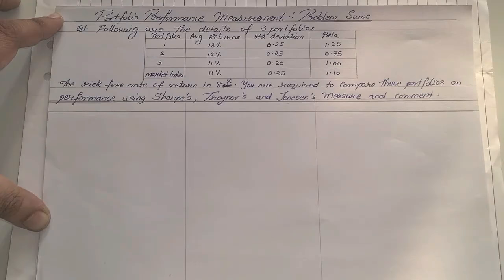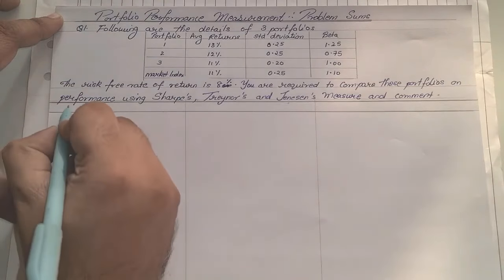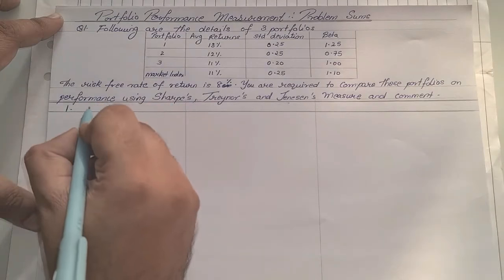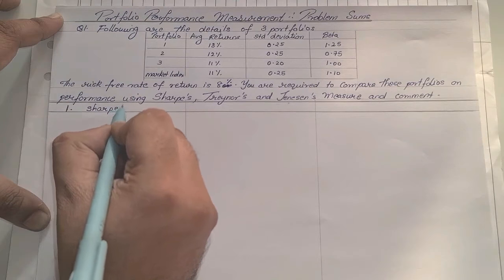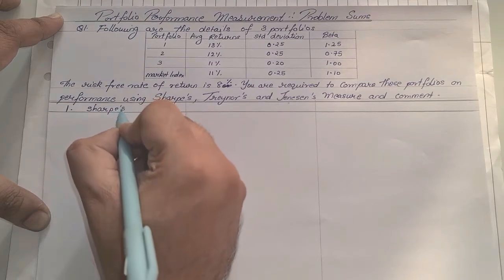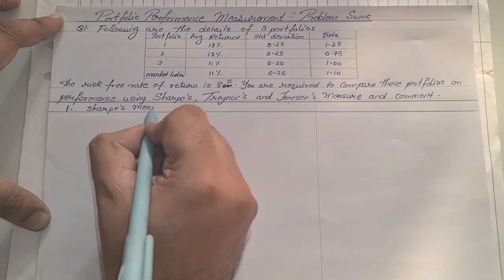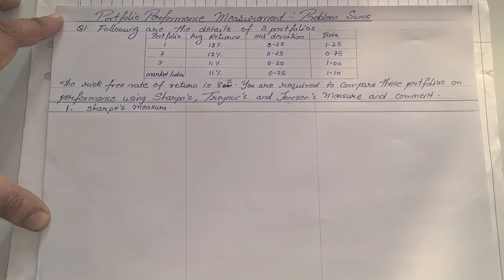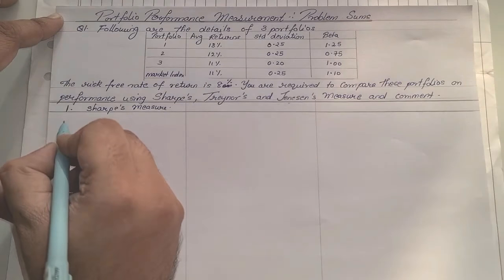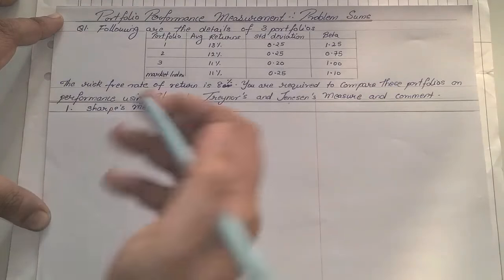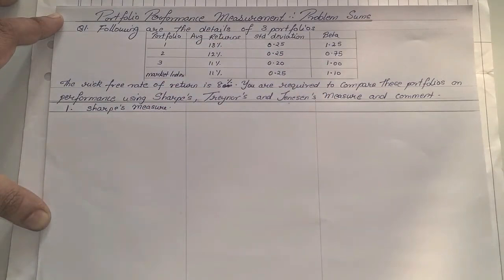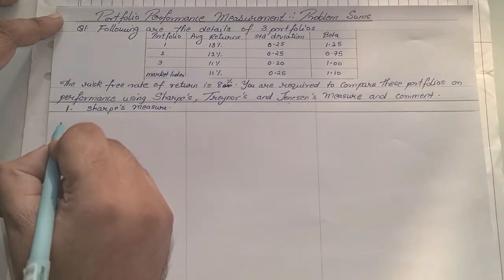We will start with number 1, first solving using Sharpe's measure. Under Sharpe's measure, we will first note down the formula and thereafter we can substitute the values in it and get the final answers for different portfolios. So first we note down the formula.